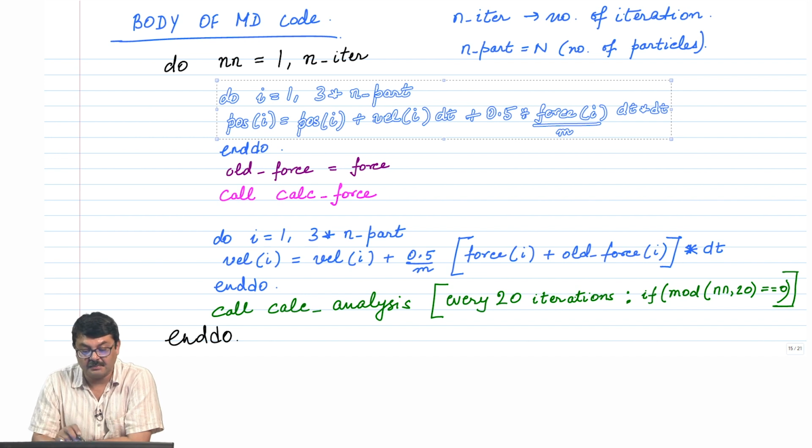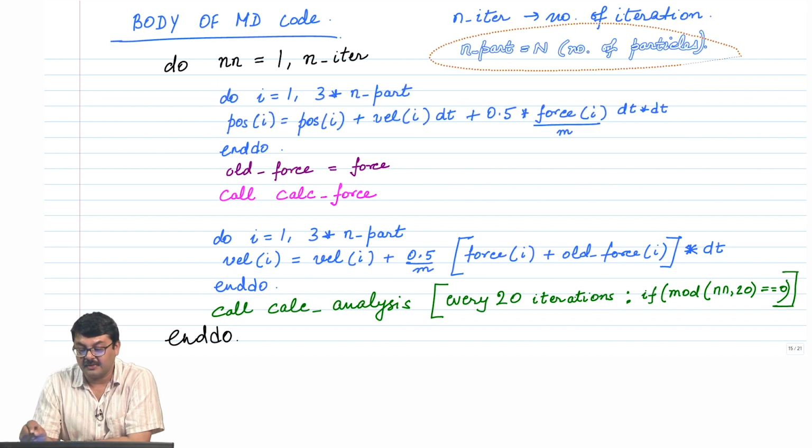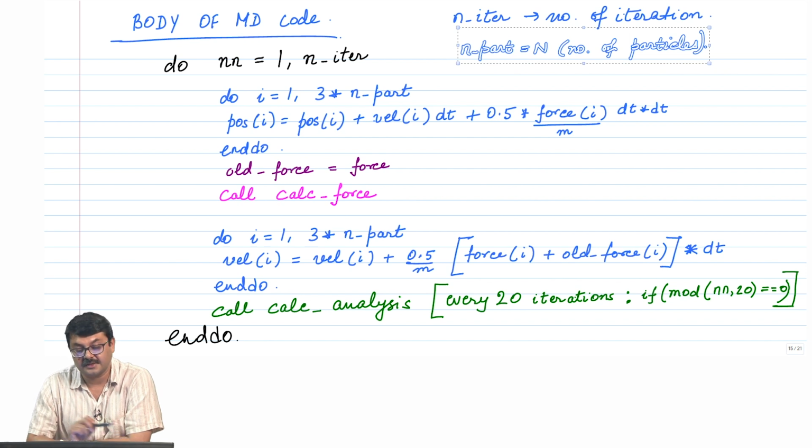What is n part? N part is the number of particles, so I choose n part, n being the number of particles. If you have n particles, you have to update the position x, y and z, so 3 into n part.